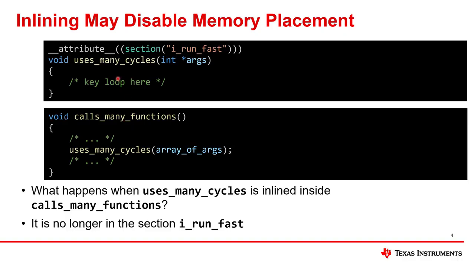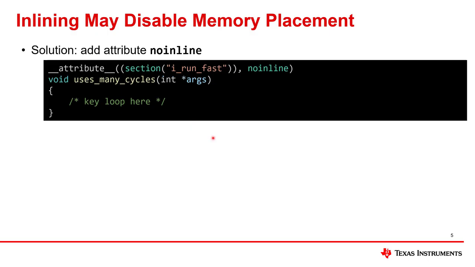And so the whole optimization of putting this key loop in I run fast memory doesn't happen. The solution is to add another attribute to the function uses many cycles, and that attribute is called noInline. And it prevents the inlining from happening and preserves the fact that uses many cycles and the key loop it contains will be in the memory section I run fast.